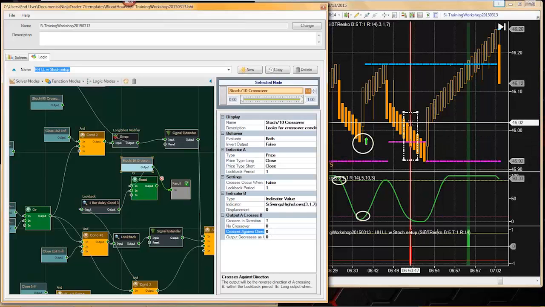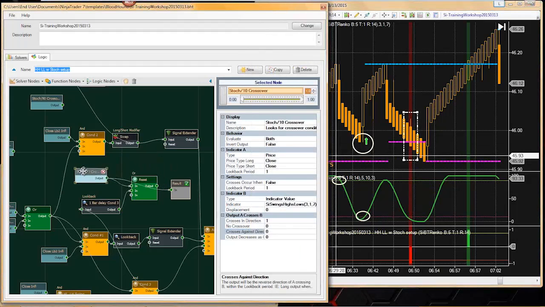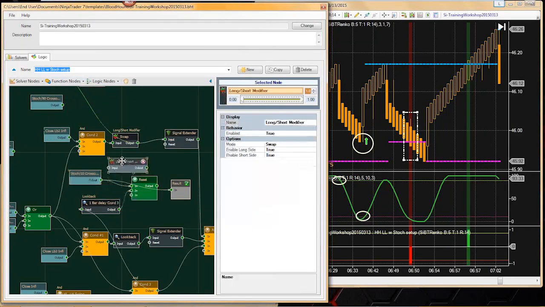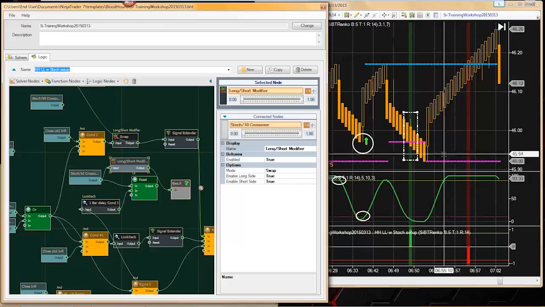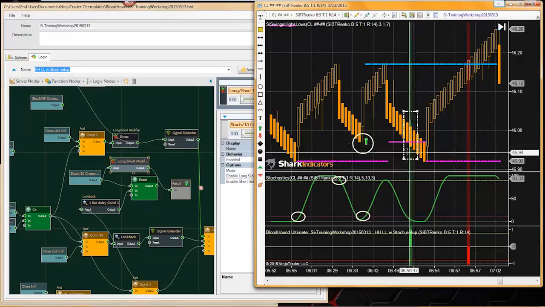What I want to do is just swap this short crossover for a long crossover. So since changing the outputs didn't give me exactly what I wanted, I'll grab this long short modifier here, and that's going to give me what I want. So here's our failed condition 3. It crosses down, but we actually got a long output from it.